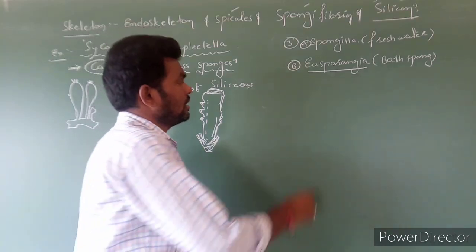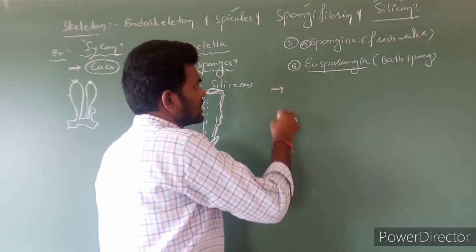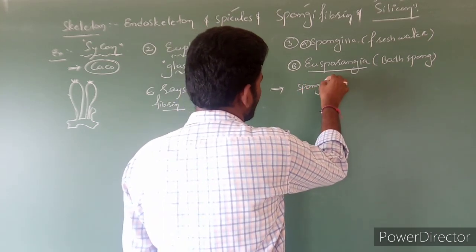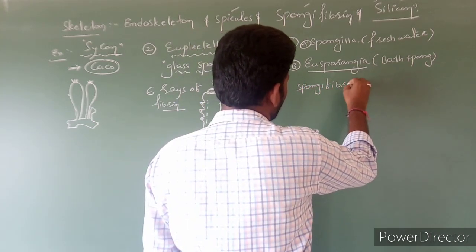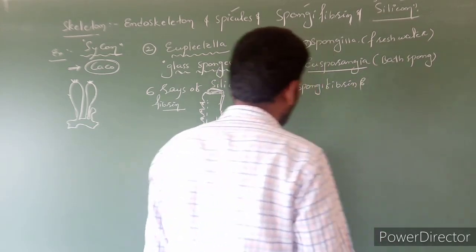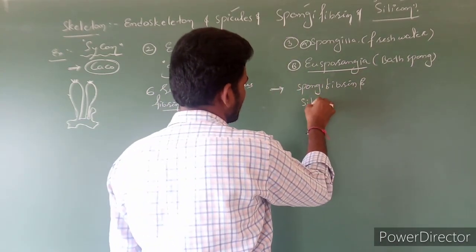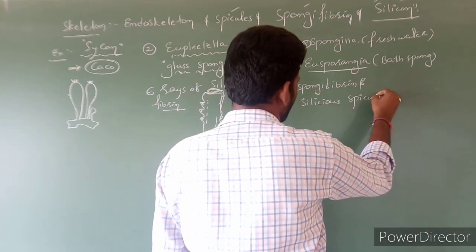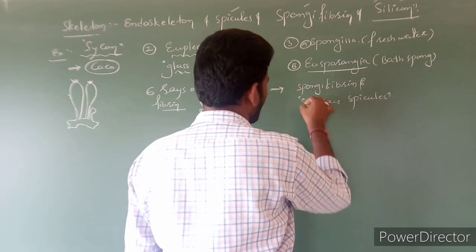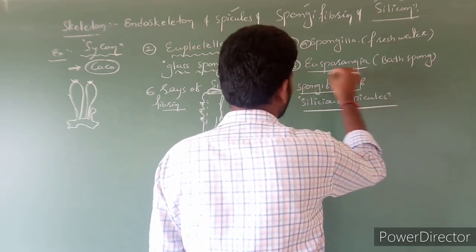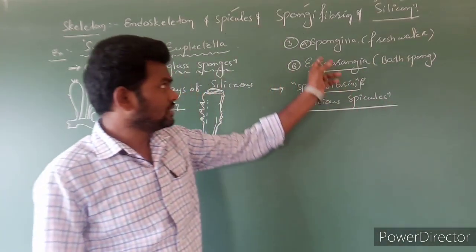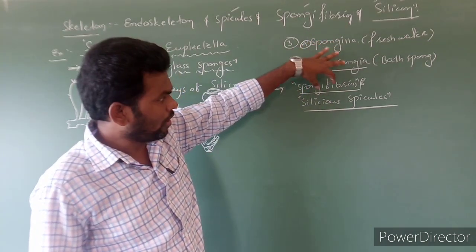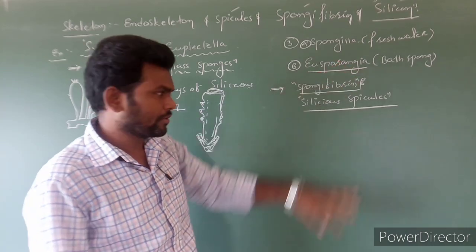In this case, the endoskeleton is made up of spongy fibrin or siliceous spicules.